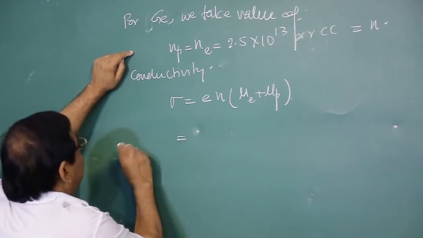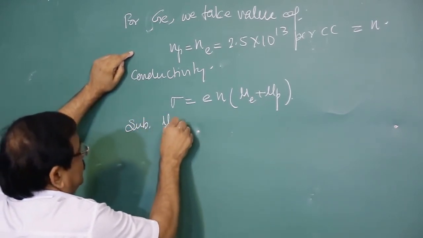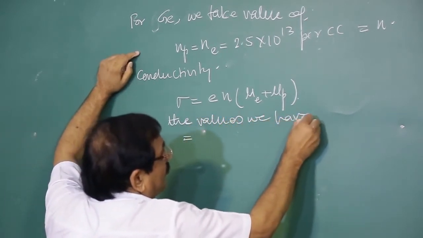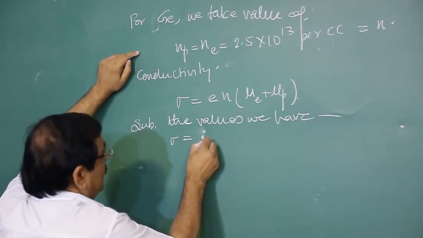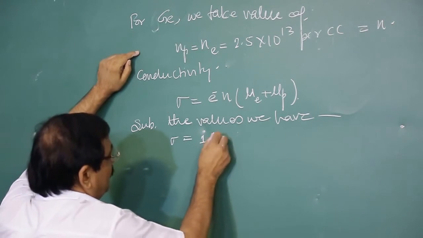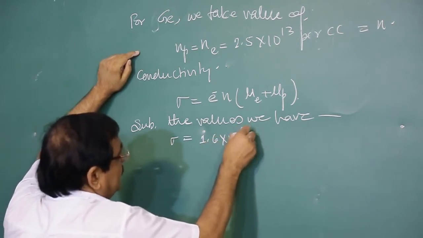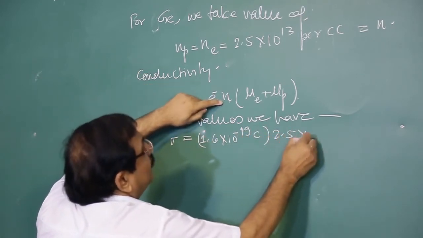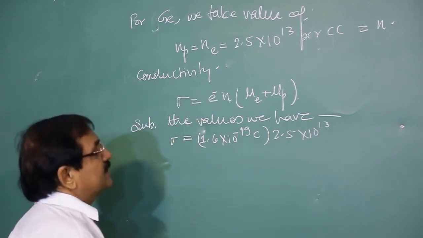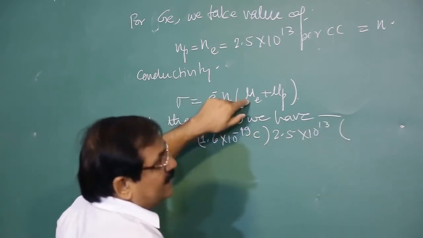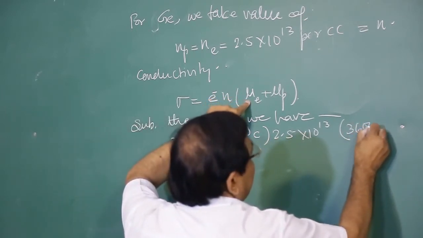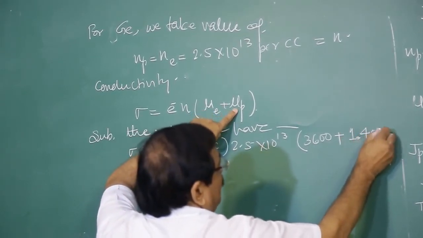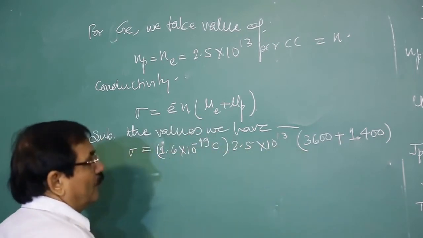So, substituting the values, we have sigma equal to the electron charge 1.6 into 10 to the power minus 19 C, n is 2.5 into 10 to the power 13 per cc, mu_e is 3600 plus mu_p, the mobility of holes, is 1400.